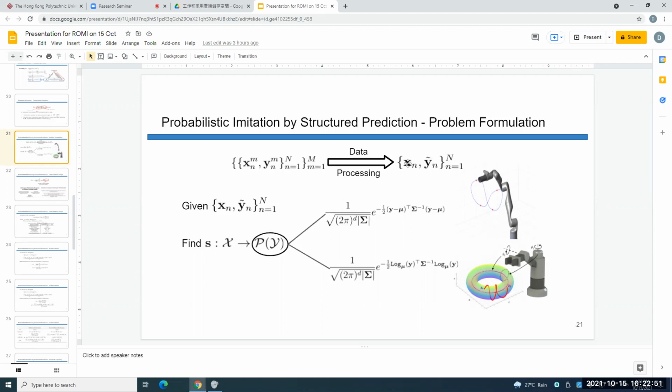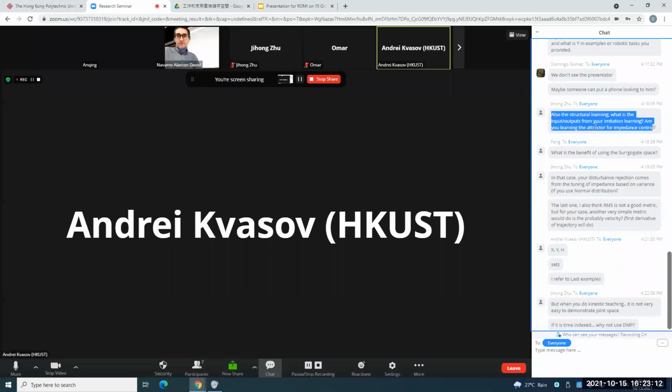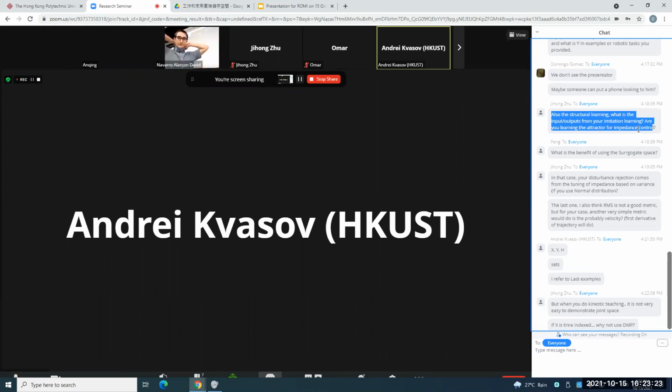Usually it's the time index, but it can also be some other quantities such as position. And for the output y tilde, it's a probabilistic distribution, such as a Gaussian distribution. And for impedance control, the controller is not my contribution. I just use an off-the-shelf controller by someone else. That's the answer.